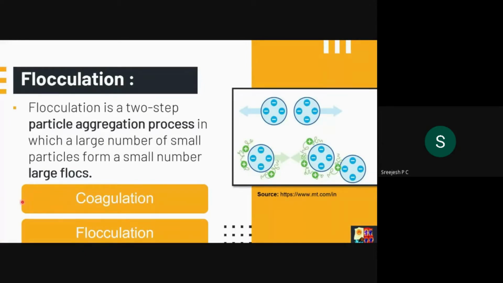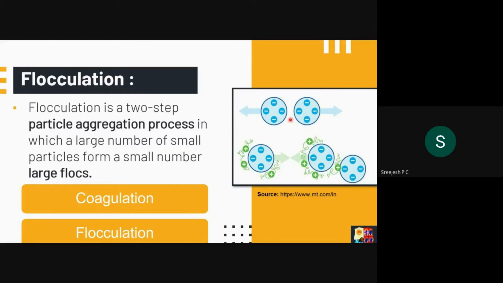Normally flocculation is a two-step process where particle aggregation takes place and forms a larger floc. Initially, I told you to consider these as your cells or solid particles having similar charges on their surface. These similar charges cause the electrostatic repulsion.